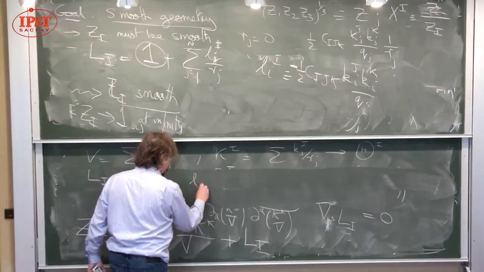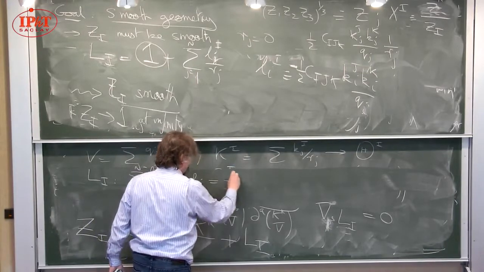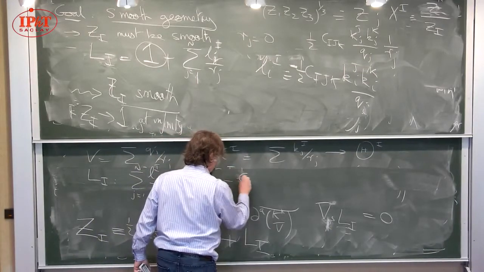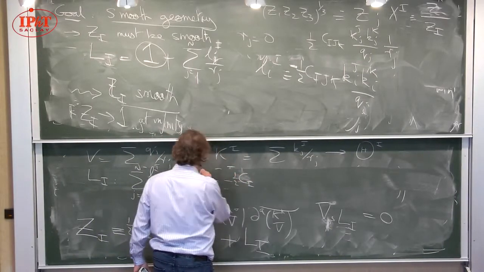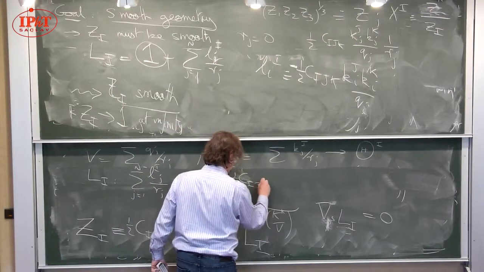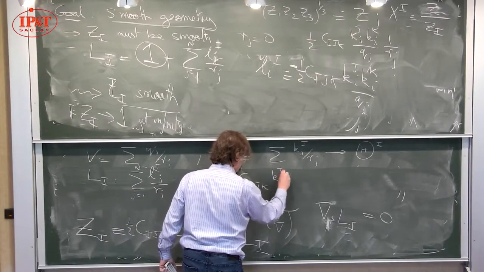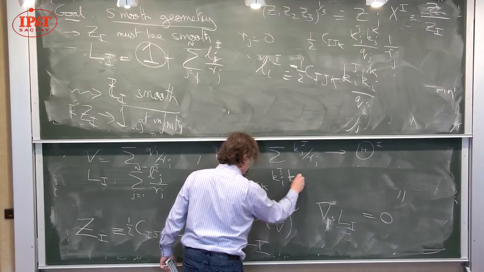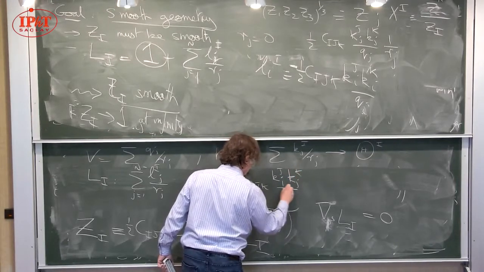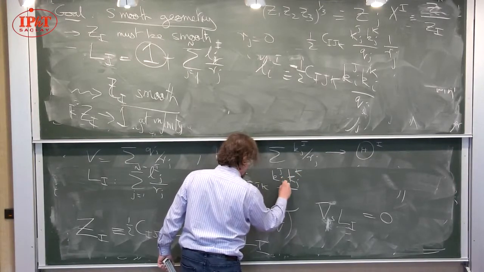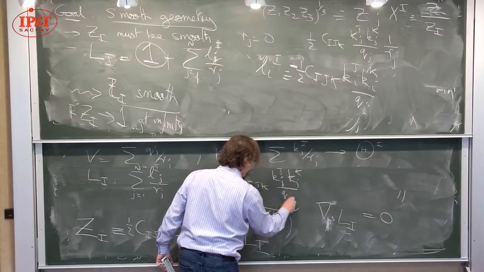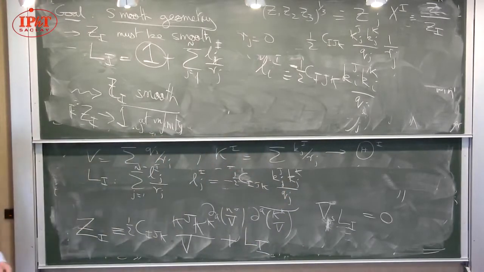And the LJs are fixed entirely in terms of these. There's no freedom.